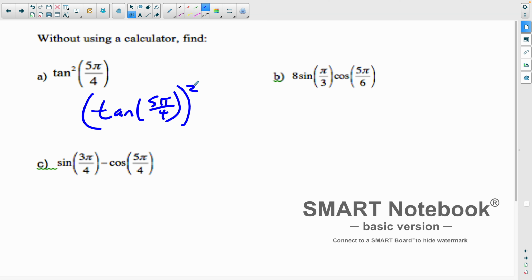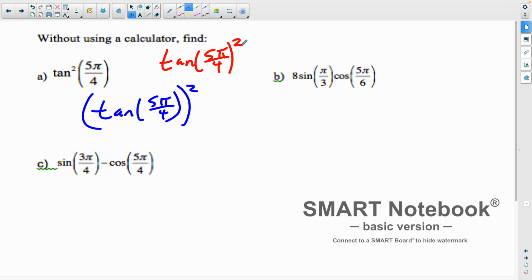Now we write it this way because if you're not careful, if I left off a set of parentheses and wrote it like that, that means something different. It doubles it. Now we're squaring just the angle and not the actual trig function, not the ratio.